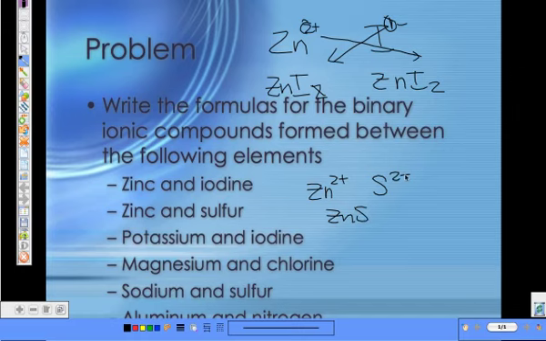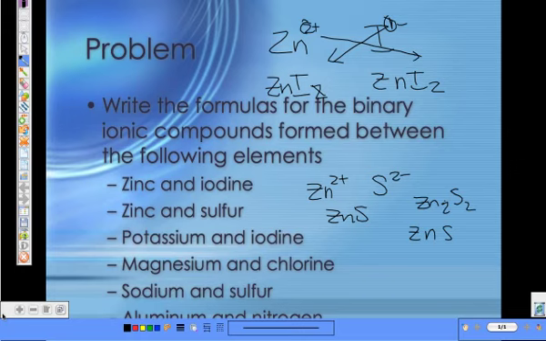Or if we crossed over the charges, we would have Zn2S2. And for ionic compounds, we always want to reduce the subscripts that we crossed over. So the 2 and the 2 can both be divided by 2 and get 1, and we don't have to show 1s, so it would just be ZnS also. So we get the same answer either way you would work that problem out.